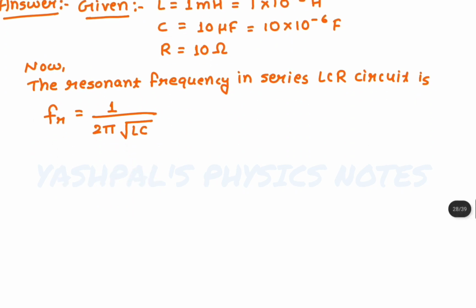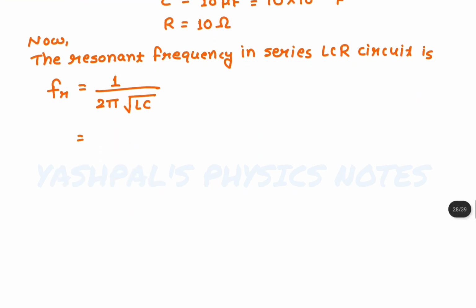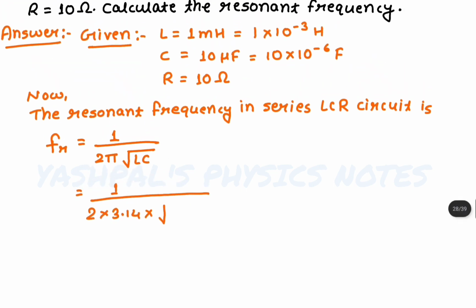Now substitute the values: 1 upon 2 into pi, which is 3.14, under root, the value of L. We converted 1 millihenry into standard form, Henry: 1 into 10 to the power minus 3, into, what is the value of C?